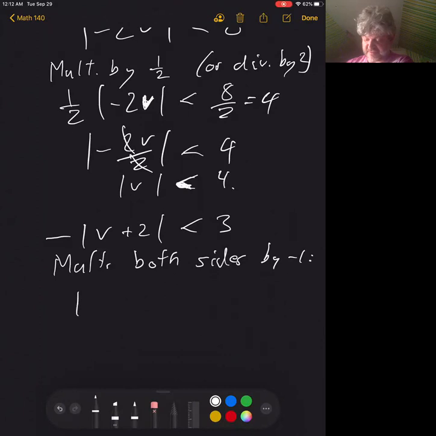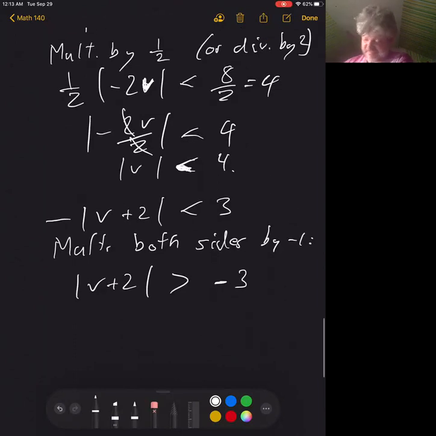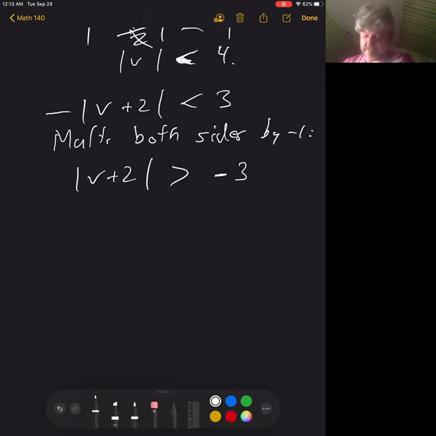So that we have plus absolute value of v plus 2 and -3 on the other side. And then the important thing is we need to reverse the inequality. So the less than becomes greater than. Which brings me to a new topic, and that's actually in the module as well. Sometimes inequalities have no solution. Sometimes inequalities have every number as solution, because an absolute value is always greater or equal to 0.